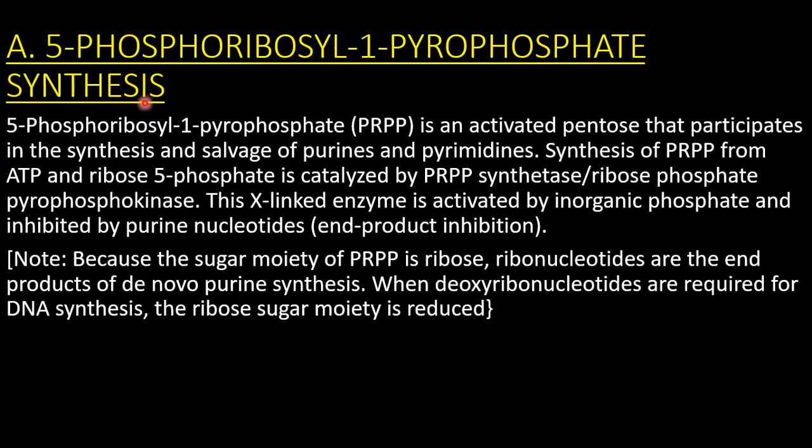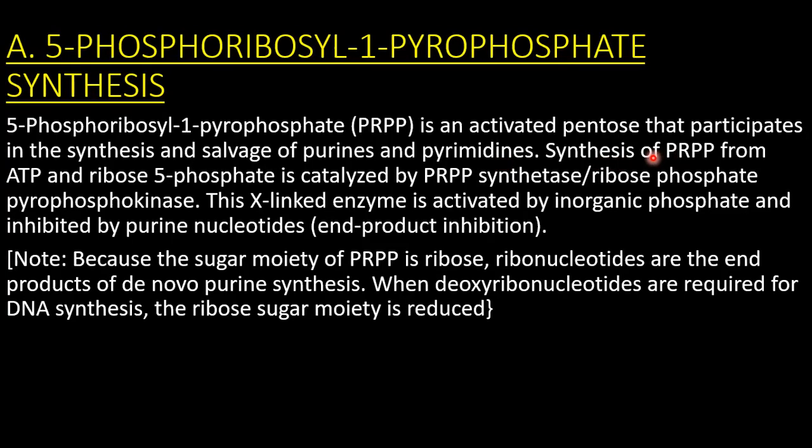But it is important to know it now. 5-phosphoribosyl 1-pyrophosphate, PRPP, is an activated pentose that participates in the synthesis and also the salvage of purines and pyrimidines. Because it is also used in pyrimidines, it is not the committed step in purine synthesis.